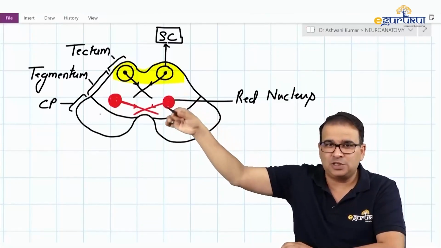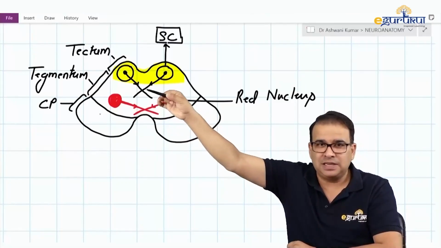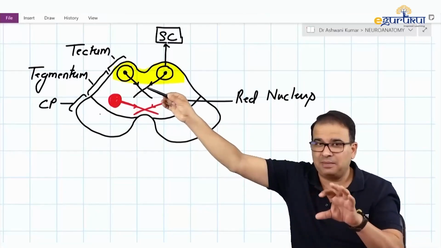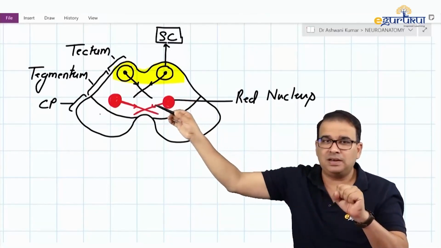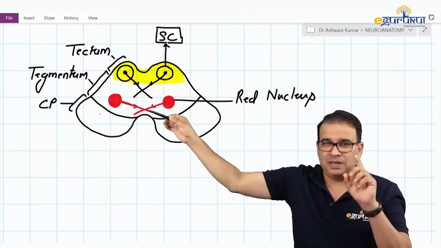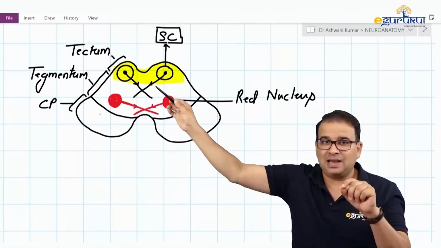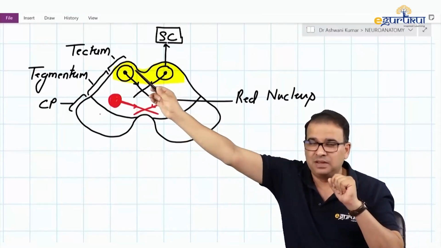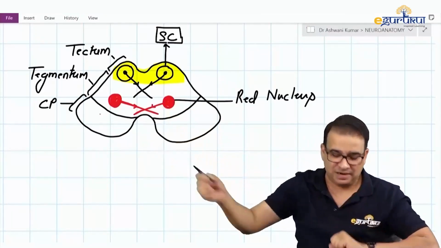And that's why these decussations are also given names. This decussation here is called the dorsal tegmental decussation because it takes place in the tegmentum, and this is the ventral tegmental decussation. Please don't confuse, guys. The dorsal tegmental decussation: the tract is the tectospinal tract because it starts from the tectum, but the decussation is in the tegmentum.